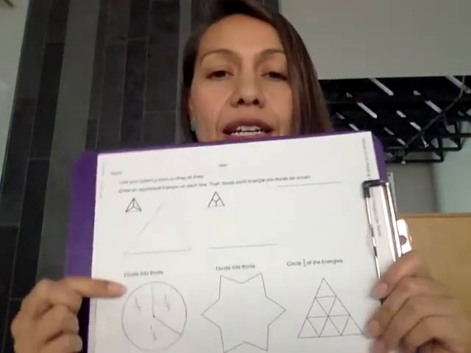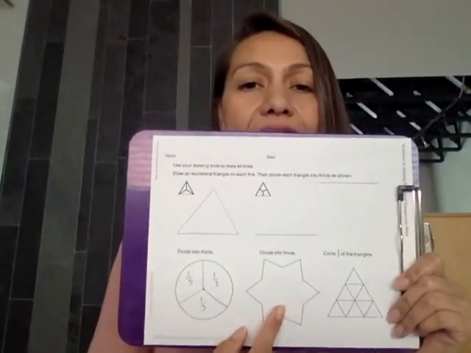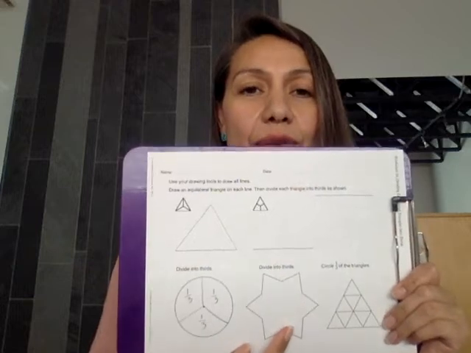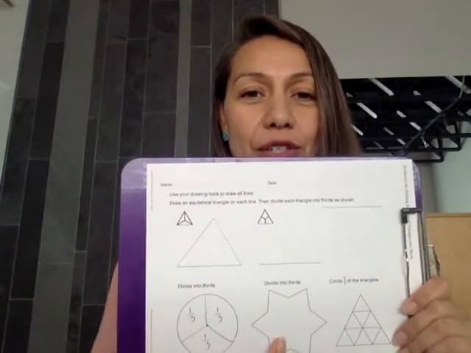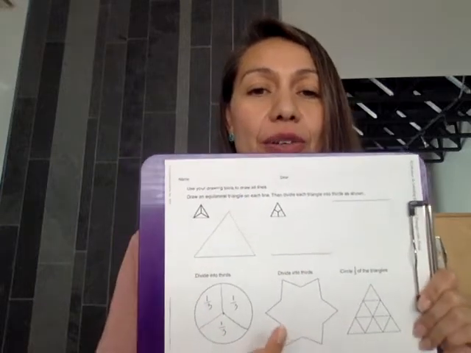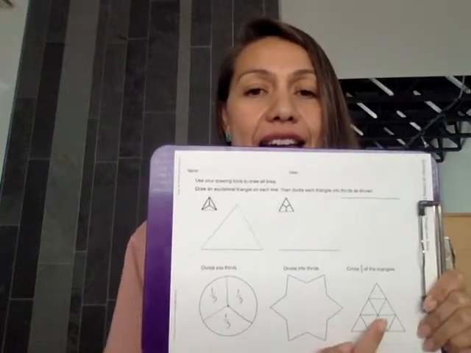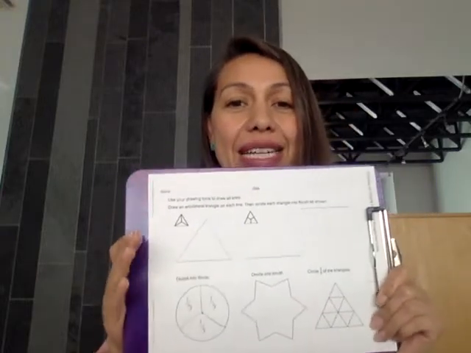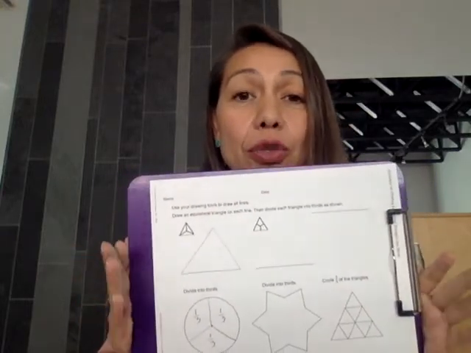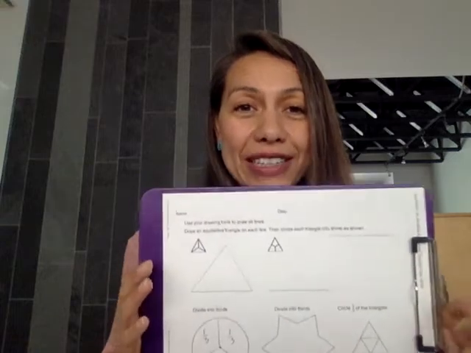Now we have a star. How are you going to divide the star into 3 equal parts? There's a few different ways that you can do it. So I'm going to have you do the star and then this last one here to work on your own. All you're doing is dividing everything into 3 equal parts.